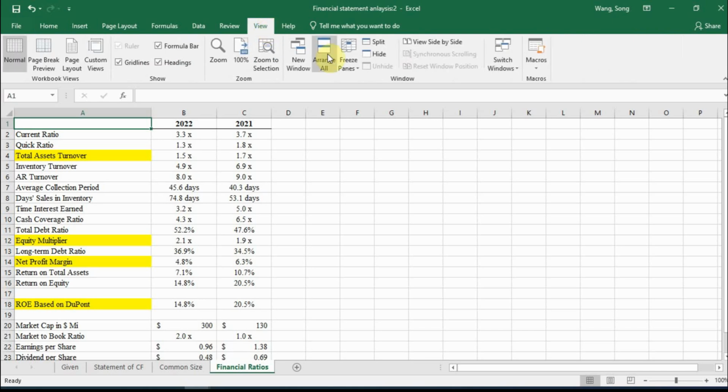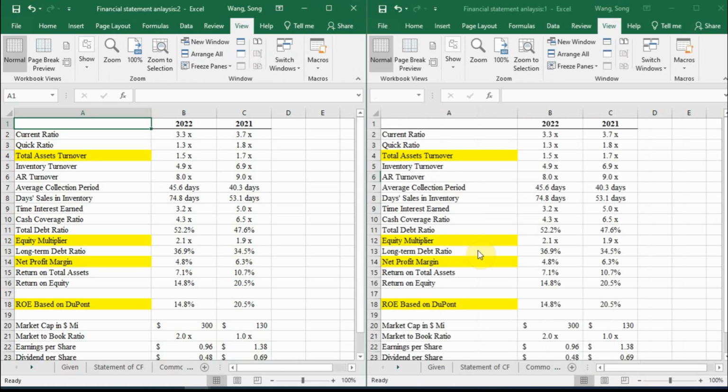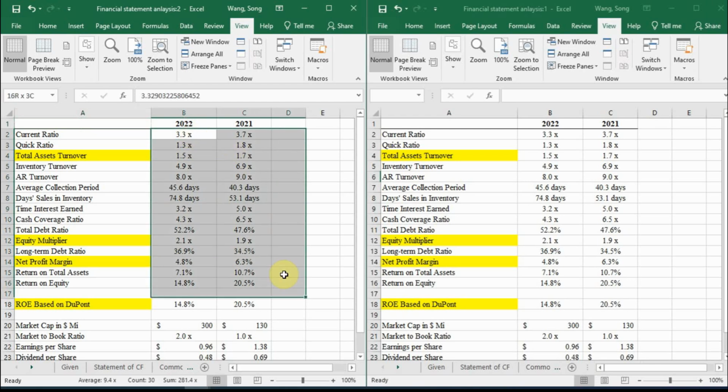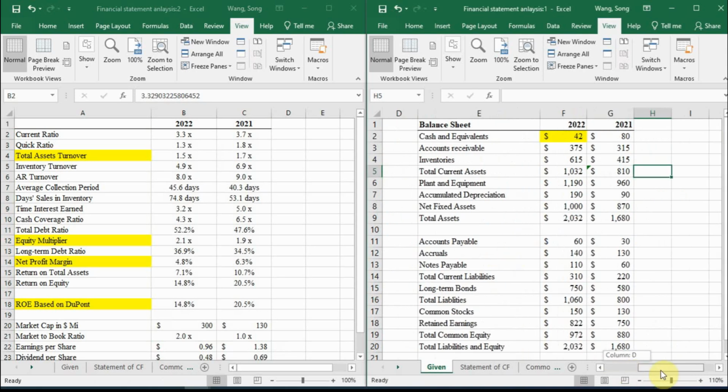All right, hit arrange all under view, and then you want to hit this vertical. And now we're talking. So these are the numbers to be calculated. And here on the right hand side, you have the reference file. So now we can get started.